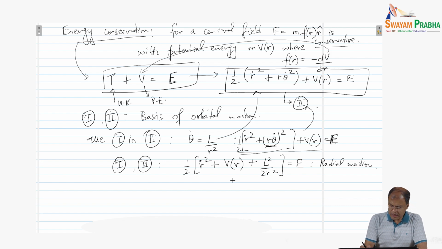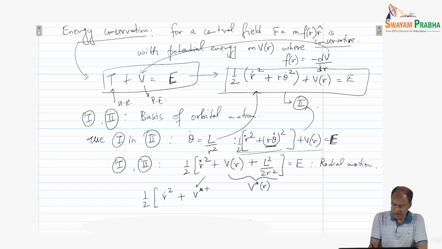Let us now rewrite this equation in a slightly different manner. We see that we can club these two terms into a single potential known as V star.